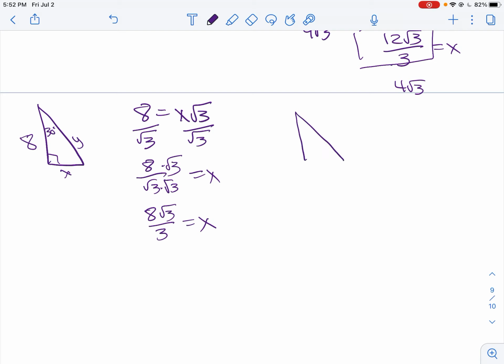So let's try this one more time. 16. Oh, again, I didn't find the other side. 8 radical 3 over 3. And if I'm going to double that, I would get 16 radical 3 over 3.